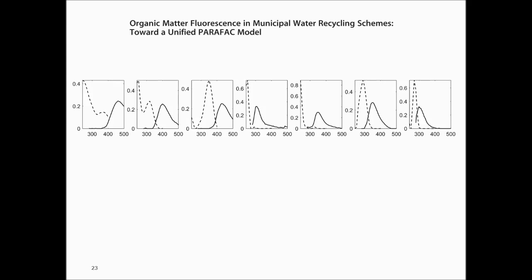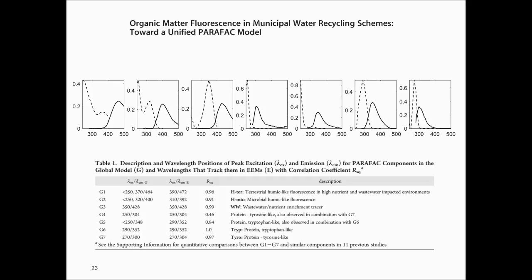So this is the global model, and these are the detailed characteristics of these components with respect to their excitation and emission maxima, but also a description of them. So terrestrial humic-like fluorescence, microbial humic-like fluorescence, also component 3, for example, a wastewater nutrient-enriched component that traces processes involved with that, protein-like components, and so on and so on.